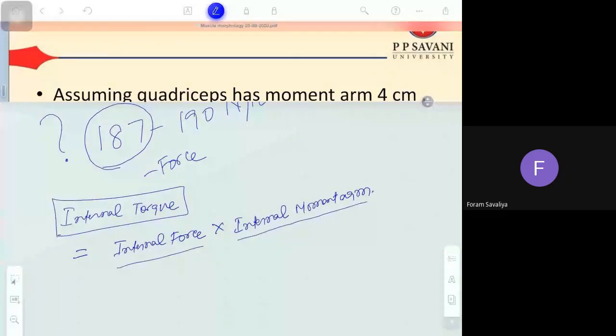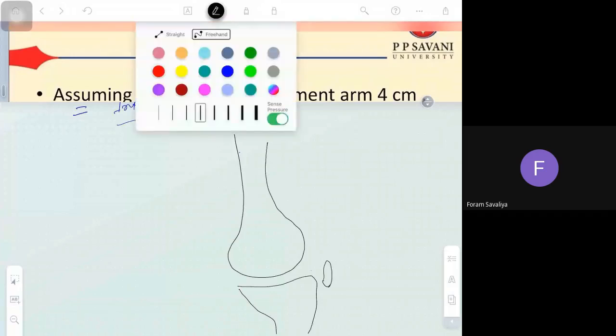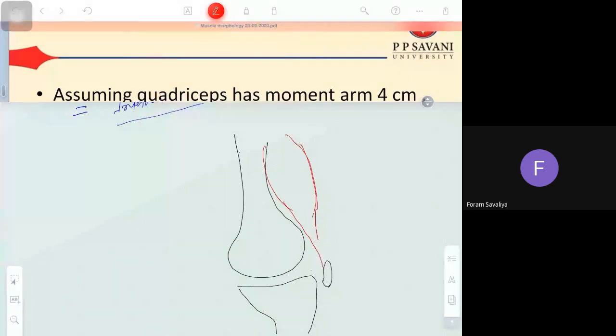If you take the quadriceps muscle, this is the quadriceps muscle and this is the patellar tendon. Okay, one second, I'll redraw that image. This is the quadriceps muscle and this is the patellar tendon.